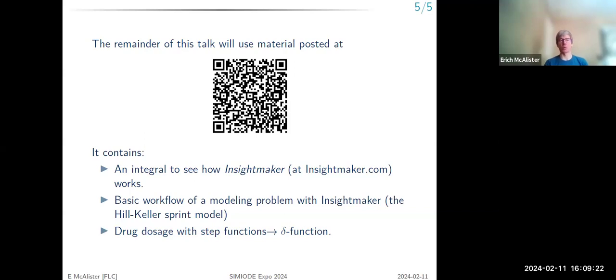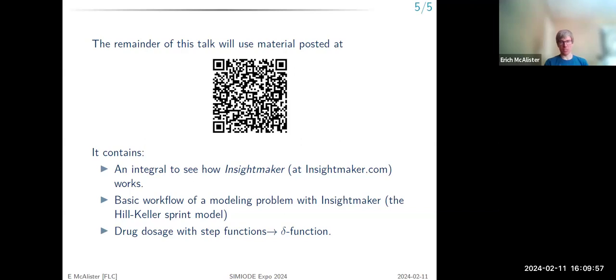This is something I would do the first week of class, and we can see the workflow of a modeling problem presented graphically with Insightmaker. Then we'll see some of the built-in functions, like the drug dosage model in SIMIODE. The references are in that pre-textbook.